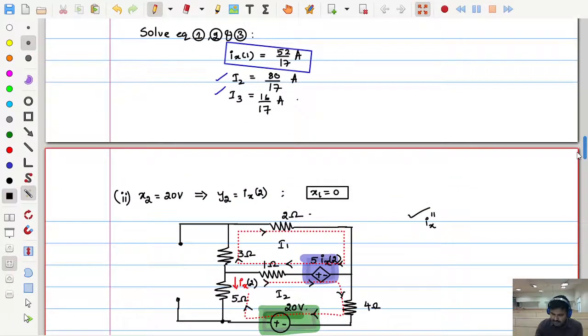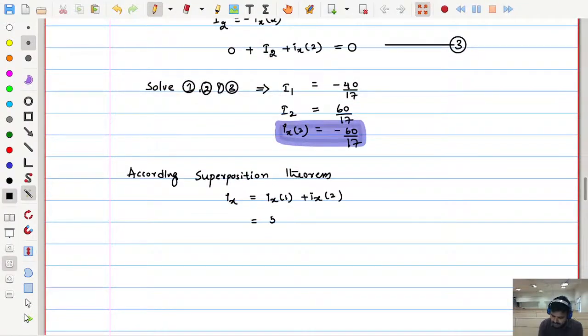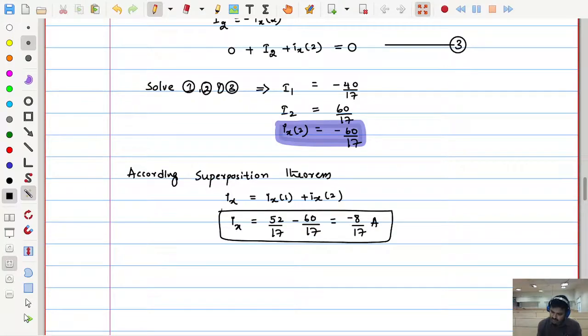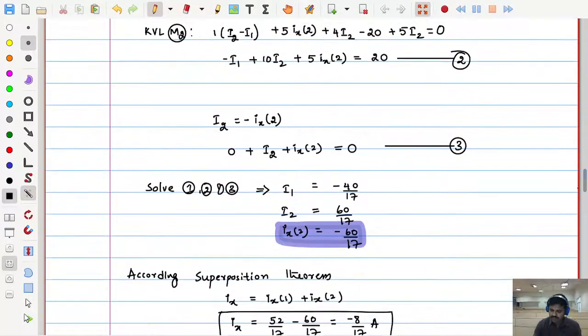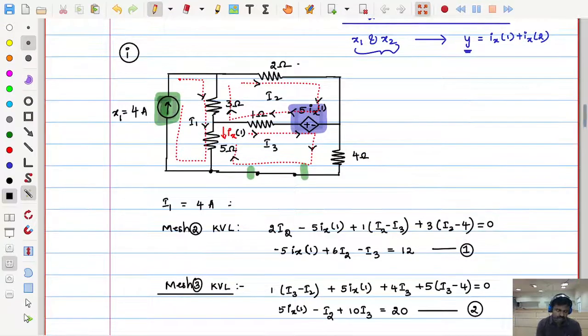Ix of 1 from case 1 is 52 by 17, and Ix of 2 is minus 60 by 17. So we will get minus 8 by 17 amperes. This is, according to the superposition principle, the value of the current Ix. In this way you can solve the given problem. Thank you.